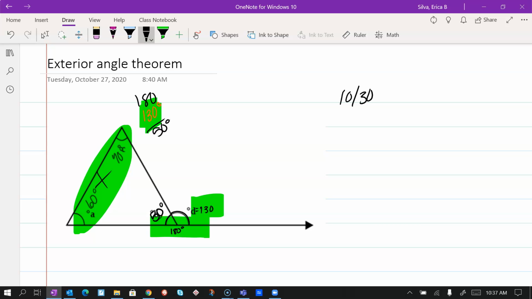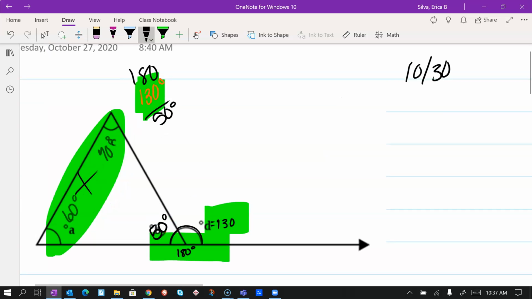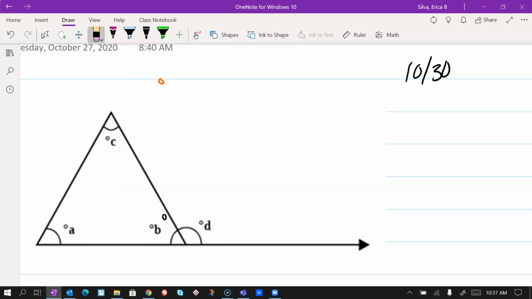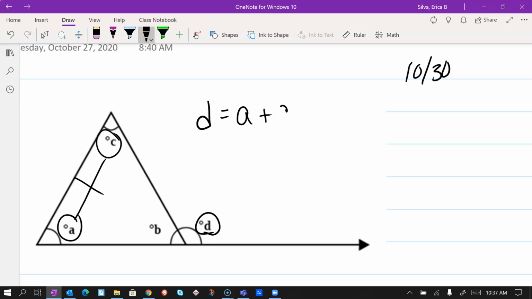So our exterior angle theorem tells us that if we have an exterior angle, then to find that exterior angle D, we want to add the two opposite interior angles. So we would do A plus C, and that will give us angle D. So go ahead and write that down.